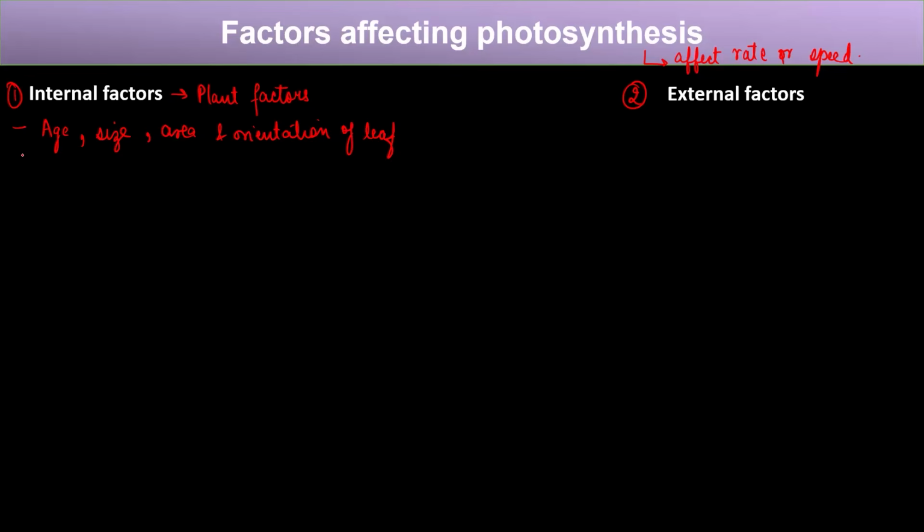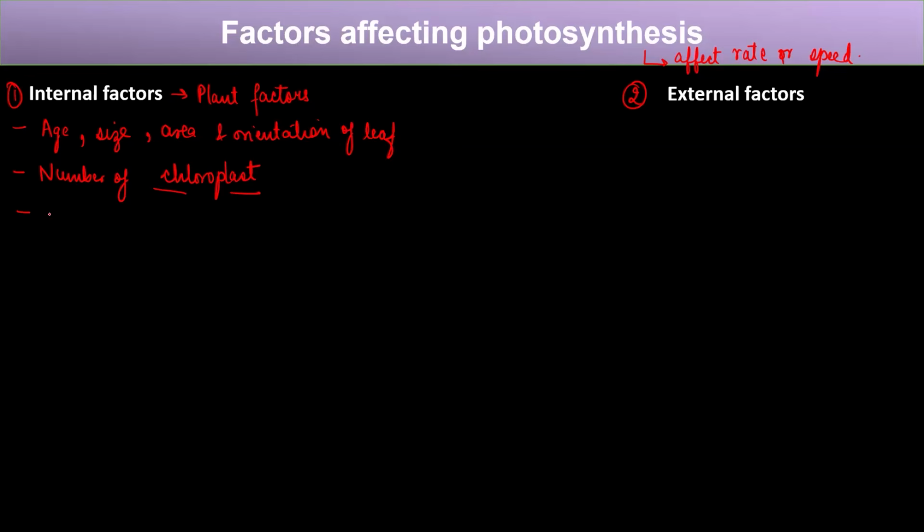These are the properties of the leaf that can affect the rate of photosynthesis. Secondly, the number of chloroplasts present in a leaf, because we know that this entire photosynthesis takes place in the chloroplast, so its number also affects the rate.